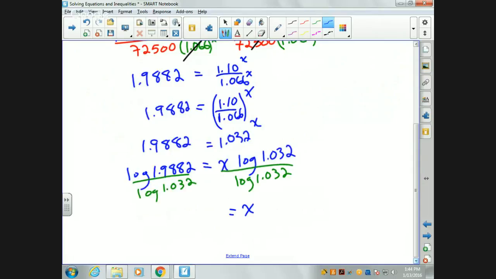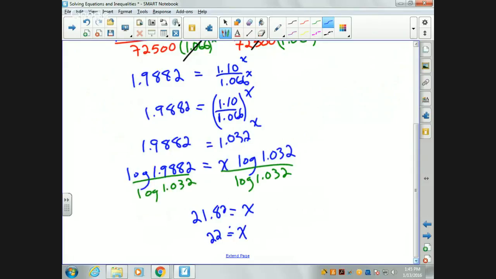I can't find the log on this calculator. Oh, I know where it is. 21.81. Anybody else get that? 82. So x is equal to approximately 22 years. Remember, x measures number of years.